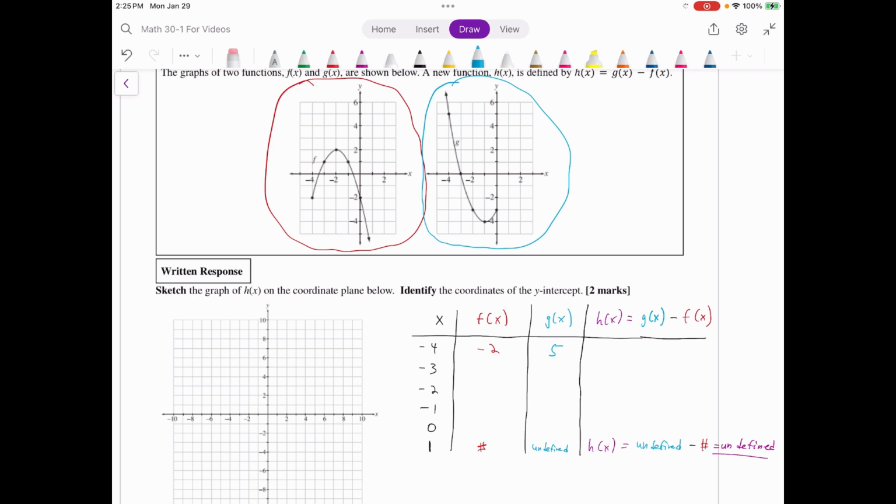So I'm just going to go through and do that for all of these values of x. When x is negative 3, f of x is positive 1. When x is negative 3, g of x is 0. Continuing on, when x is negative 2, f of x is positive 2. When x is negative 2, g of x is negative 3.